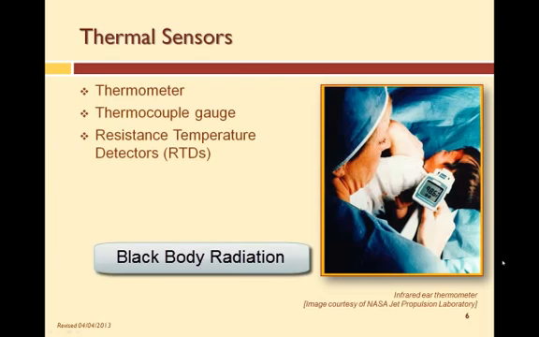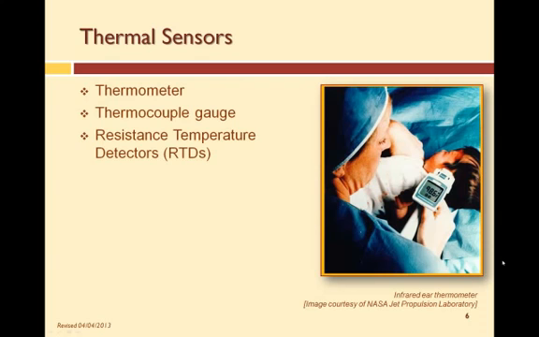The amount of black body radiation that a person emits is solely dependent upon the body's temperature. The higher the temperature, the more black body radiation is emitted. An infrared thermometer measures the amount of black body radiation, converts it to temperature, and provides a readout.